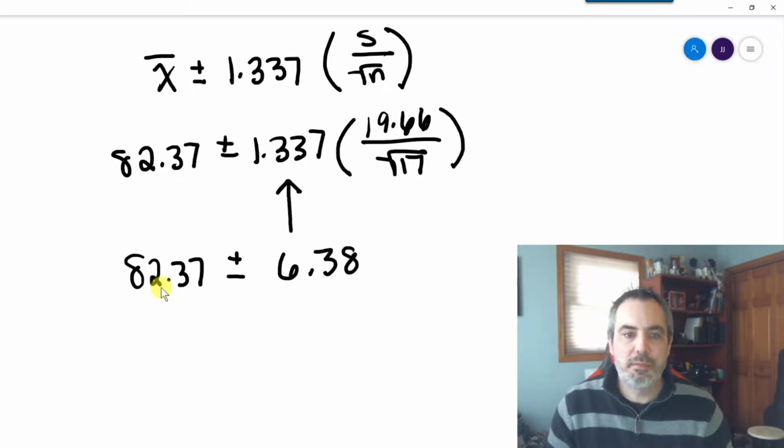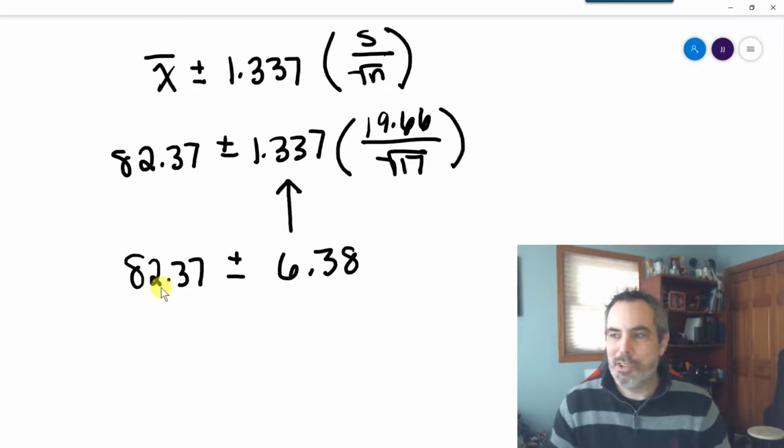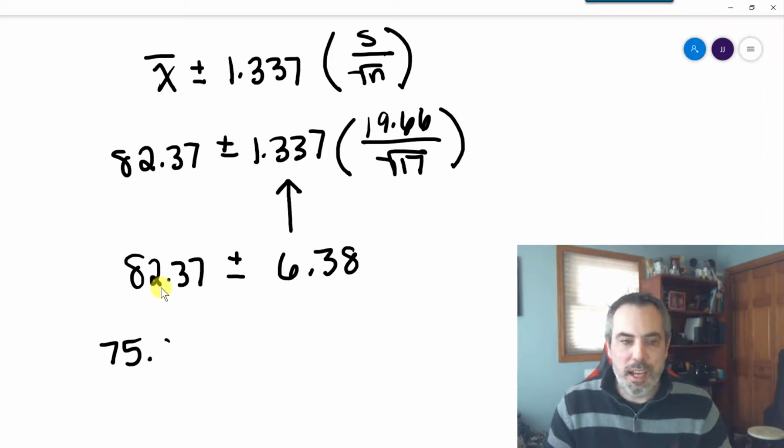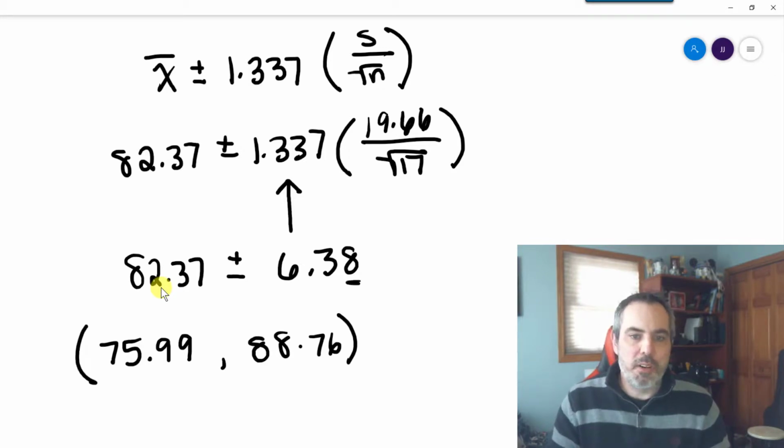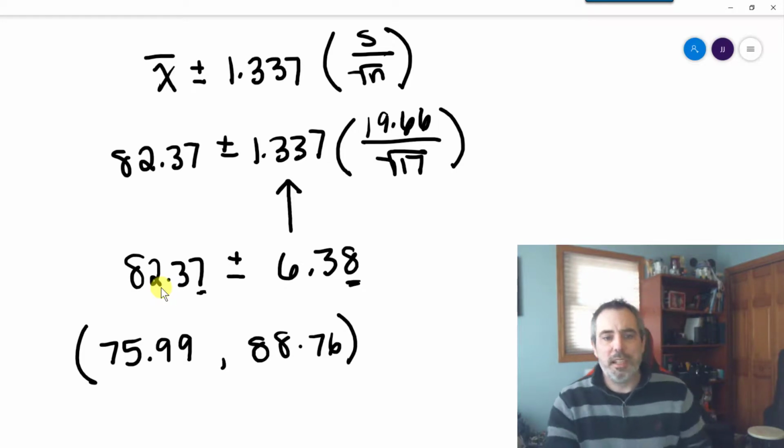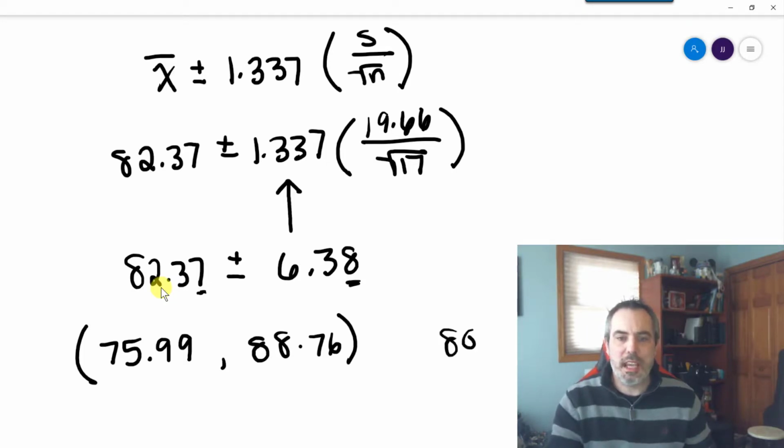So 8237 plus or minus $6.38, which when I take a look at it, and again, I've done this before, so the rounding might be wrong, I've got $75.99 all the way up to $88.76. And you'll notice I rounded a little bit differently, so 75 instead. But $75.99 to $88.76. That is the confidence interval. That's the 80% confidence interval.